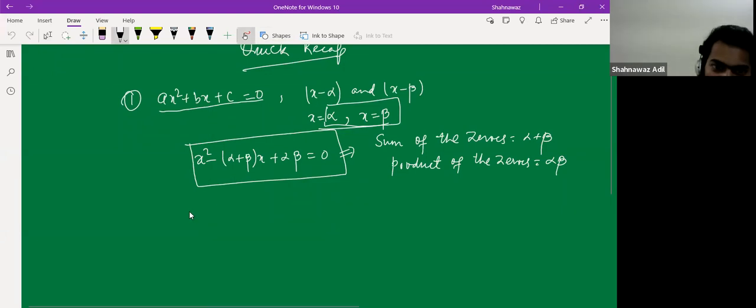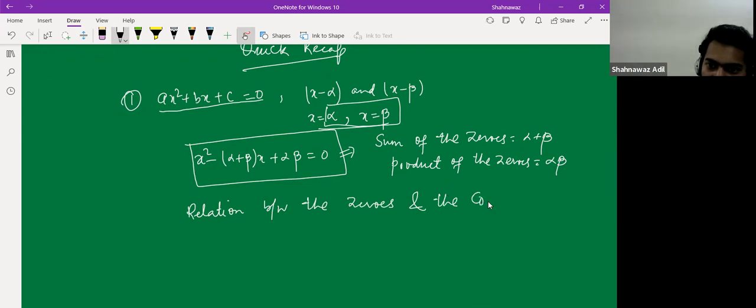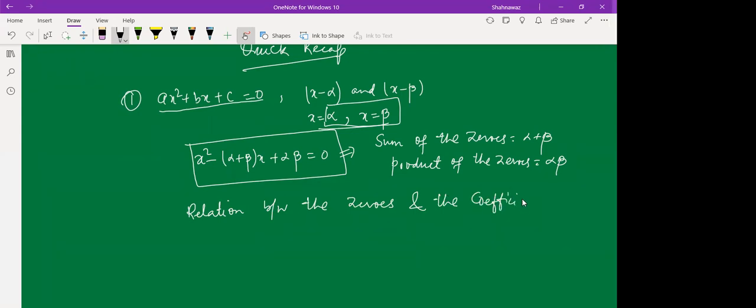So we learned about the relation between the zeros and the coefficients, right? And what was that relation?